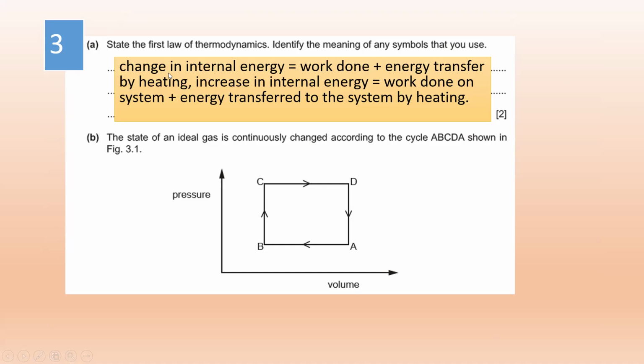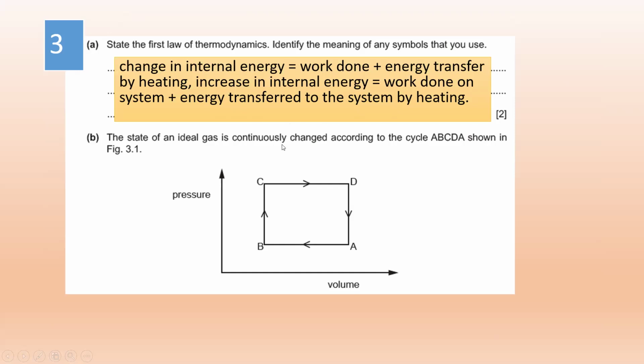Right, that's your first point. You have to say the general statement first: change in energy equals work done plus energy transfer by heating. Then the actual one: increase in internal energy equals work done on the system plus heat transfer to the system by heating.